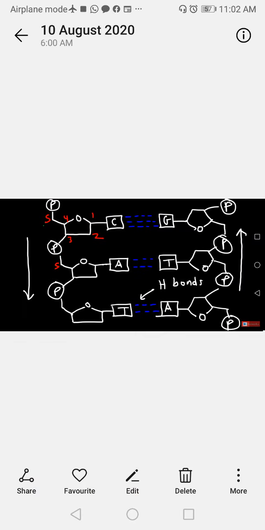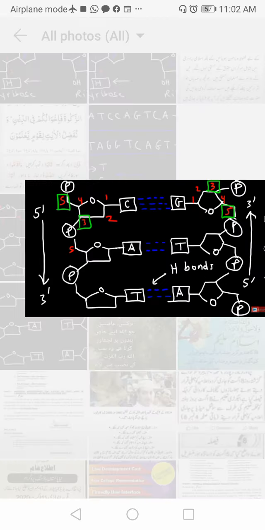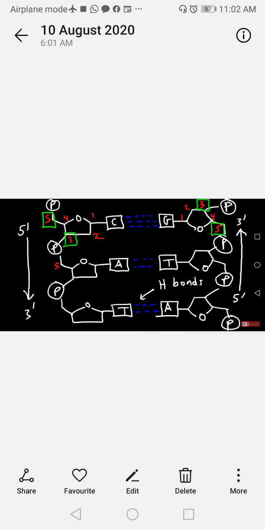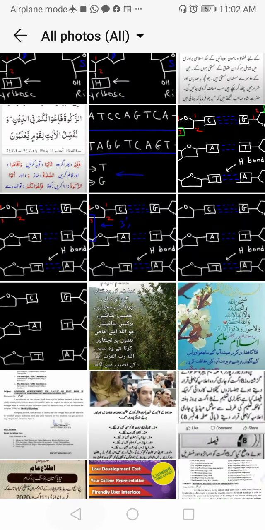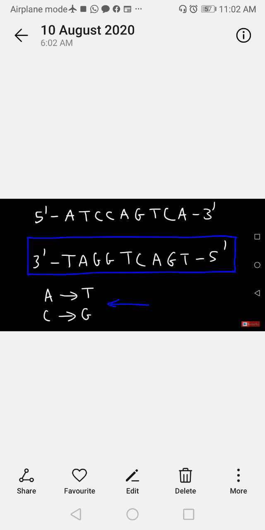And another thing is, this is the simplified arrangement of the bases in one strand of the helix. This is the other strand of the helix.